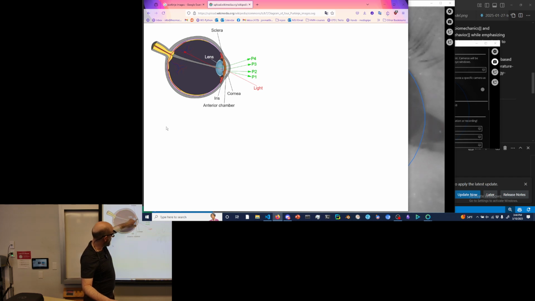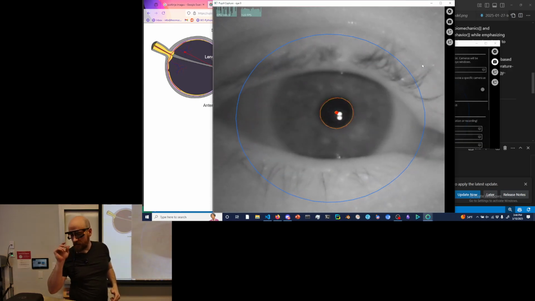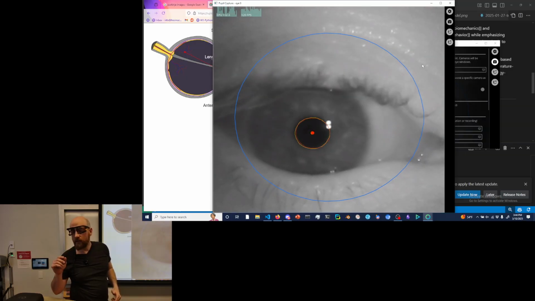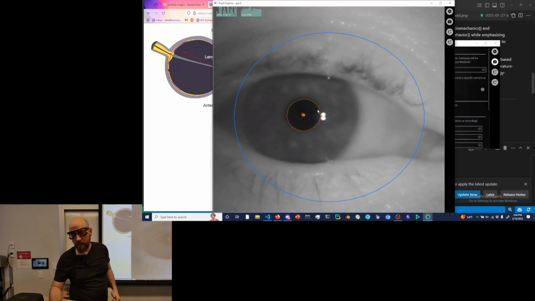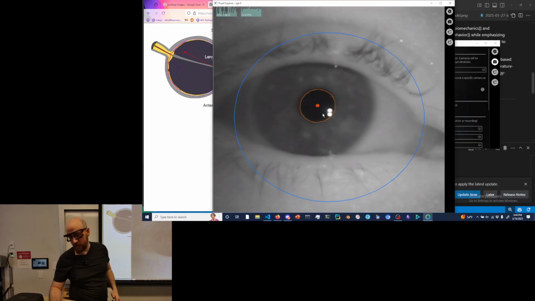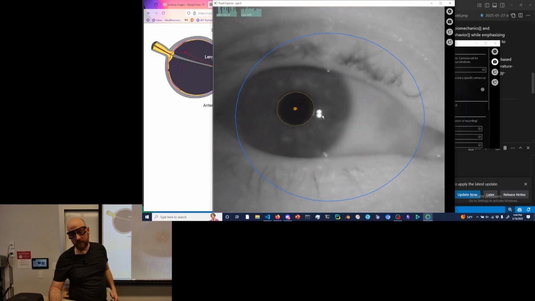And there's all these weird refractive angles and stuff like that. And if you look very closely, you can see the ghosty dots you see here are the Purkinje images from those reflections.